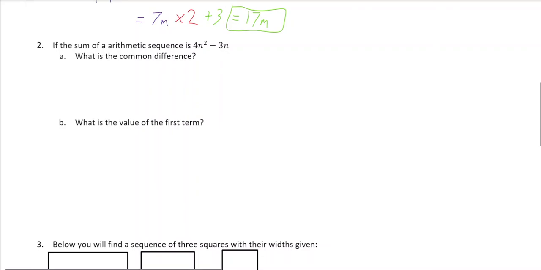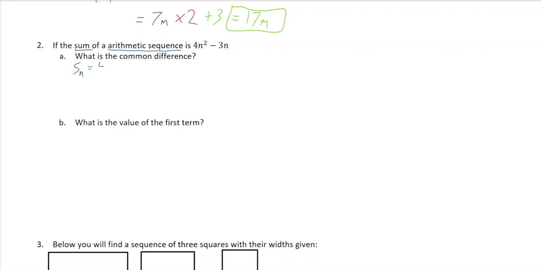Okay, here is an interesting question as well. Let's try this out and see if you can understand it. If the sum of an arithmetic sequence is that, what is the common difference? Okay, so this is kind of a weird question because it's got a whole bunch of algebra involved. So it's the sum of an arithmetic sequence, which really means that it's the series.